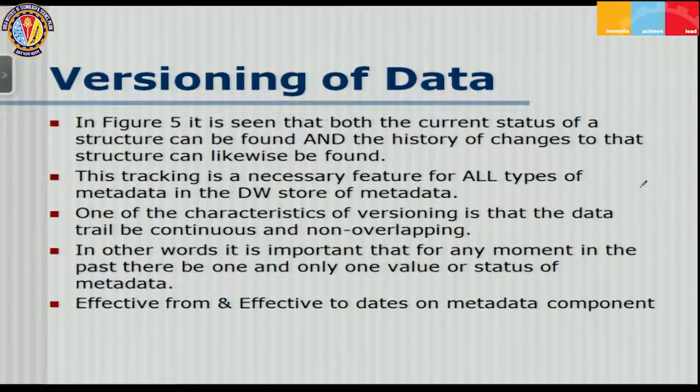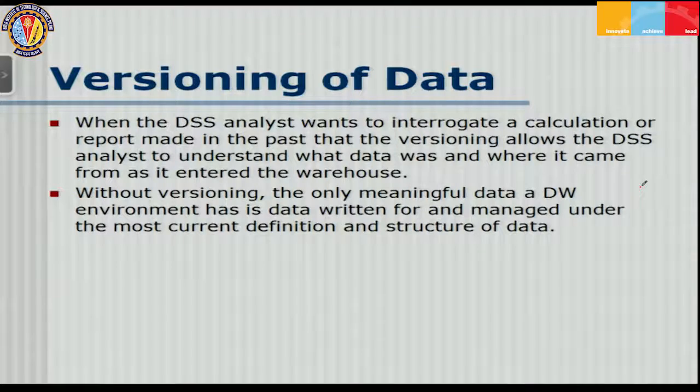Effective from and effective to dates on metadata components are placed for clarity. So suppose I want to retrieve particular metadata corresponding to a particular date, I can do that without any problem. When the DSS analyst wants to interrogate a calculation or report made in the past, versioning allows the analyst to understand what data was there and where it came from as it entered the data warehouse.